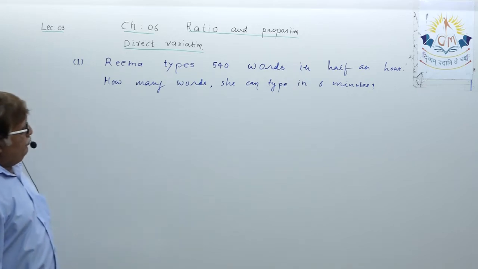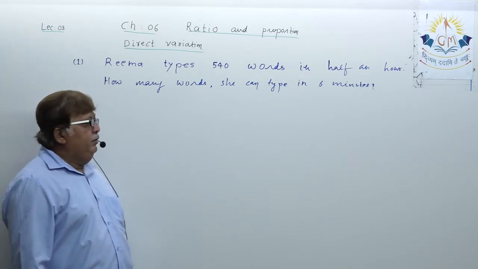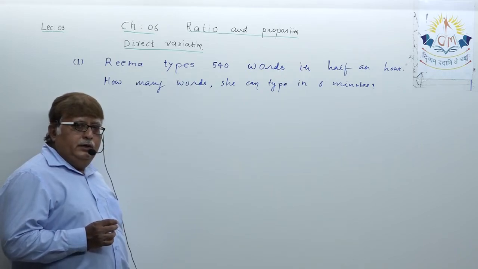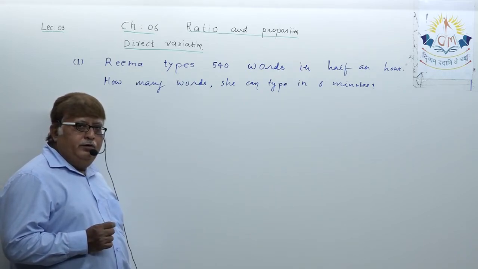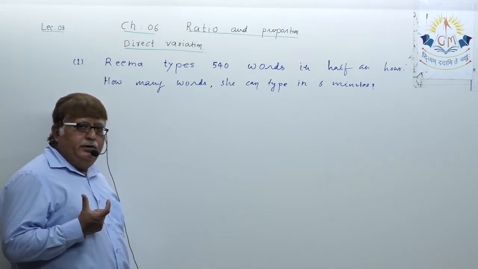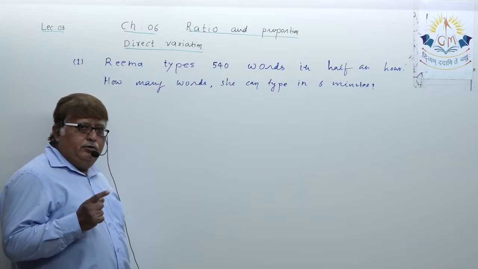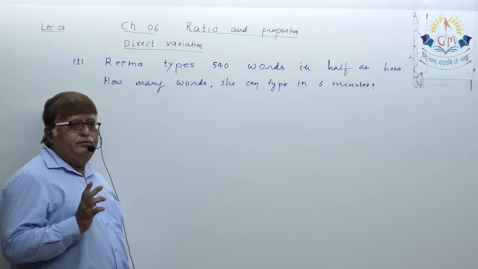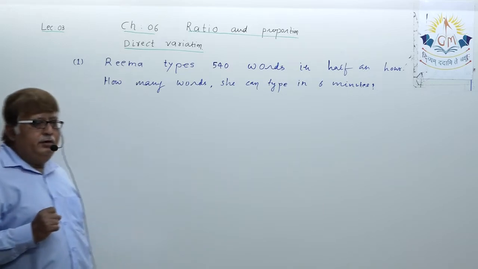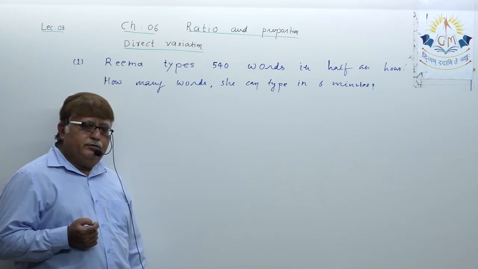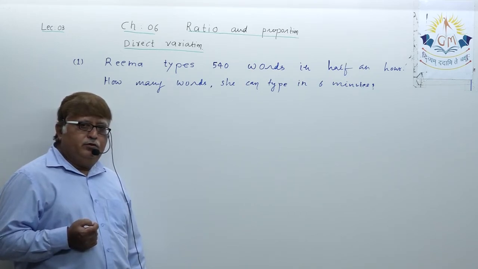As you all know, in any example, the very important thing is first you have to identify two variable quantities, of which one is to be taken as x and one is to be taken as y.